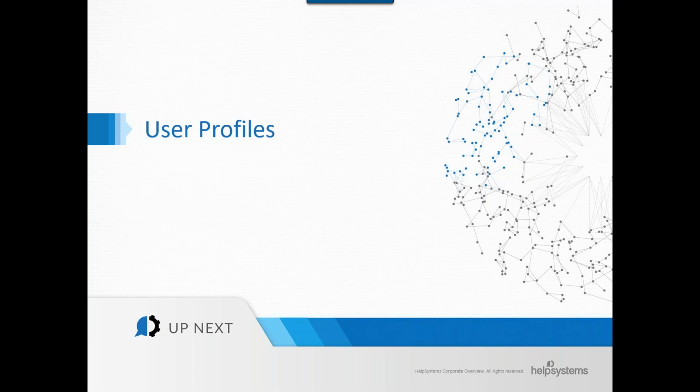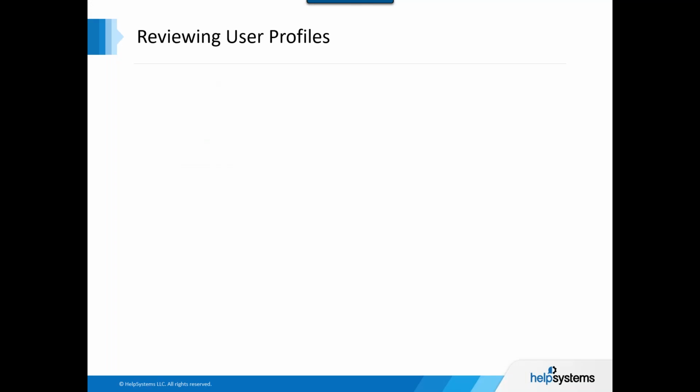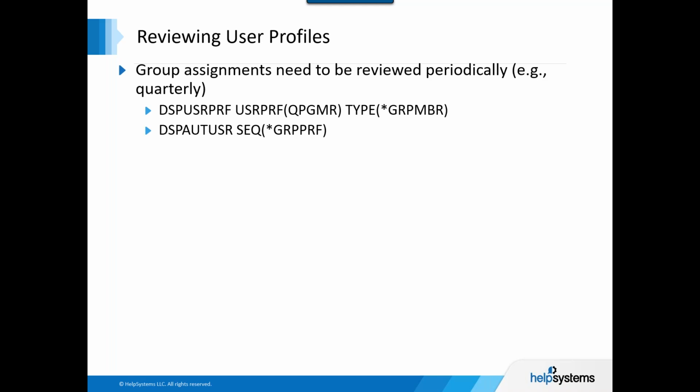Okay, enough with the system values. Let's go into user profiles. So what I find is that a lot of administrators will create the user profiles, but then they just stay as is forever. And the problem is they are never reviewed. And I say stay as is, but what happens is that you'll get the request when someone moves jobs.